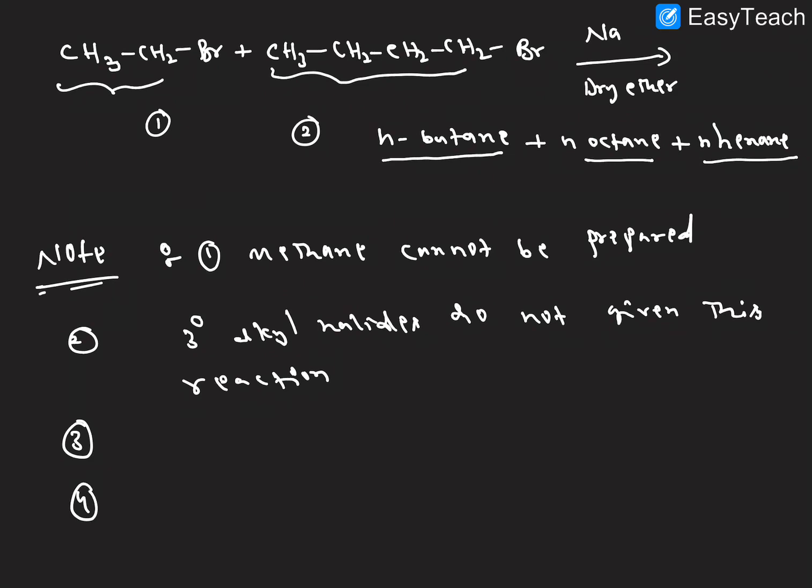And the fourth point here is the disproportionation reaction. I hope you understand that point. So the best result is obtained when both alkyl halides are similar. This method is suitable for the preparation of alkanes containing an even number of carbons, right?